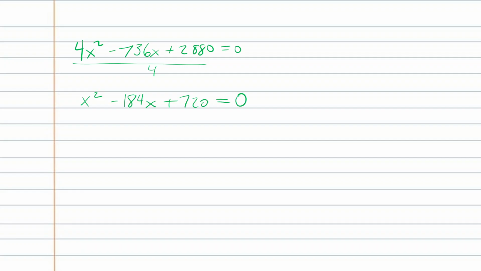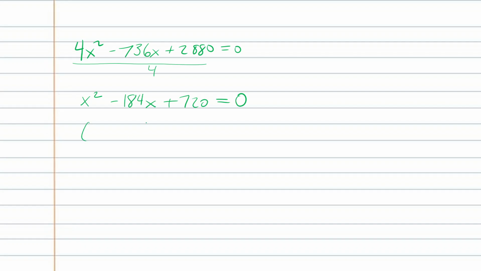All right, got it a little bit simpler here. Just a little bit. Now, here's the next thing you have to ask yourself. Do I want to put this through the quadratic equation, or do I want to try to FOIL this? Now, this is a pre-calculus class. So if you're intimidated by the big numbers, you need to go back to your algebra class and get unintimidated, because we can do this.